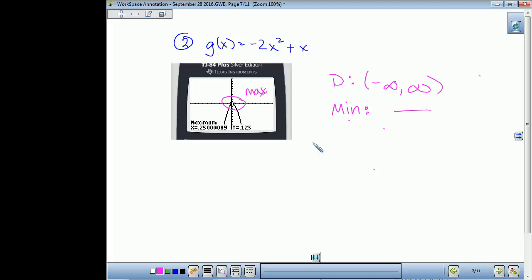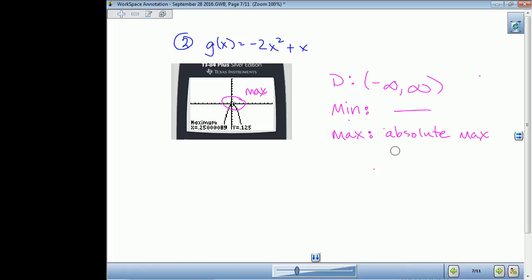But this one does have a max, and it is an absolute max. The absolute max occurs at the point, that's supposed to be an at symbol. Try again. There we go. That point is positive 0.25, 0.125.